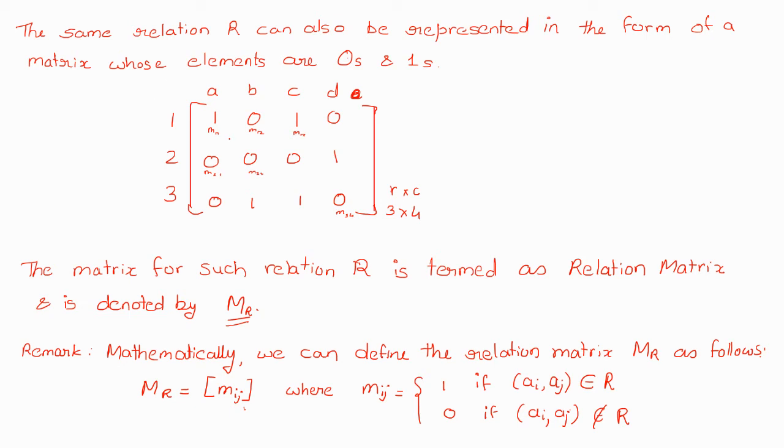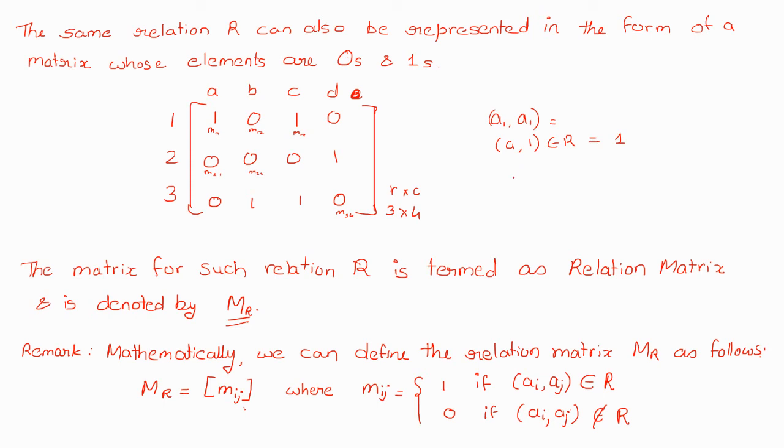In place of M11 we have A1 and A1. A1 comma A1 will be our A comma 1, therefore this belongs to R. Yes, this belongs to R, A comma 1, therefore we have put it as 1.